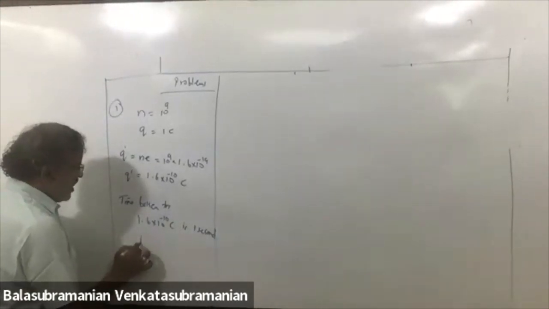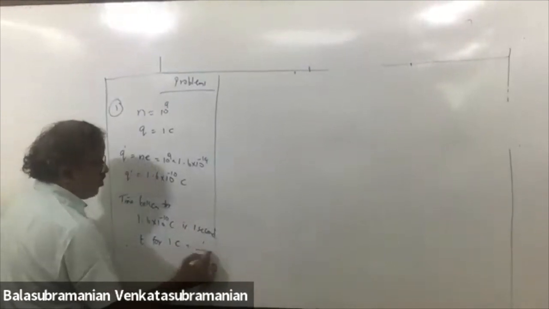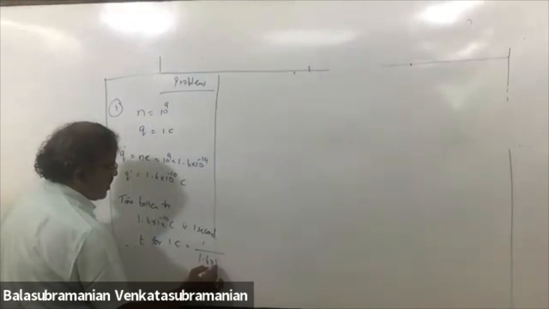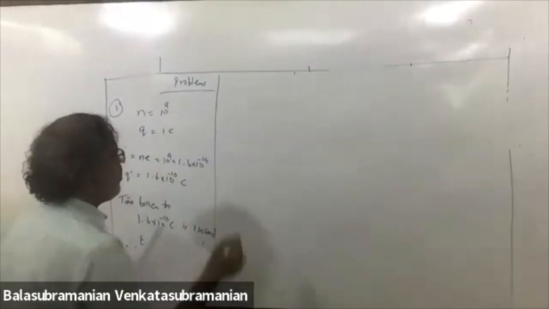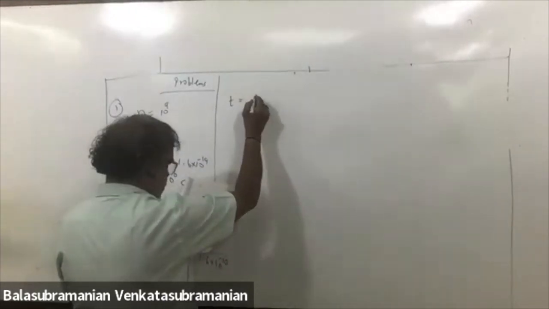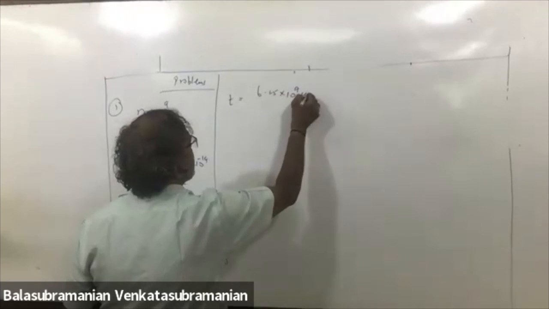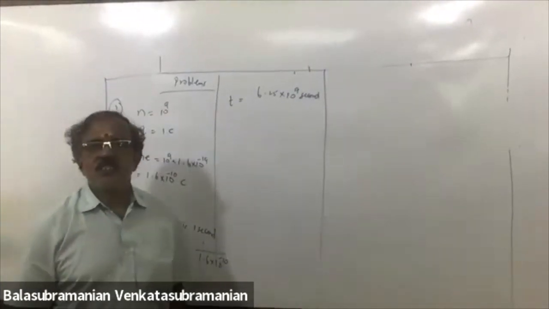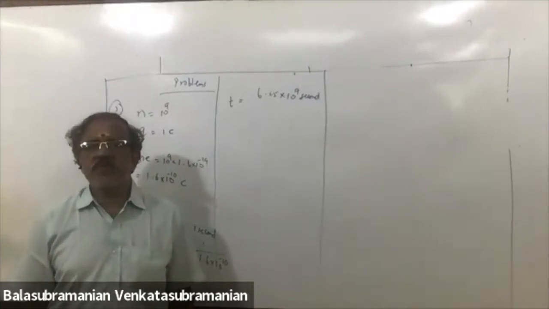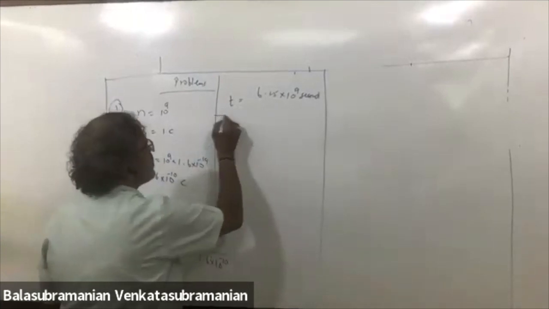Therefore, T for 1 coulomb is equal to 1 by 1.6 into 10 power minus 10. Simplify that, 6.25 into 10 power 9 seconds. Okay. First one.